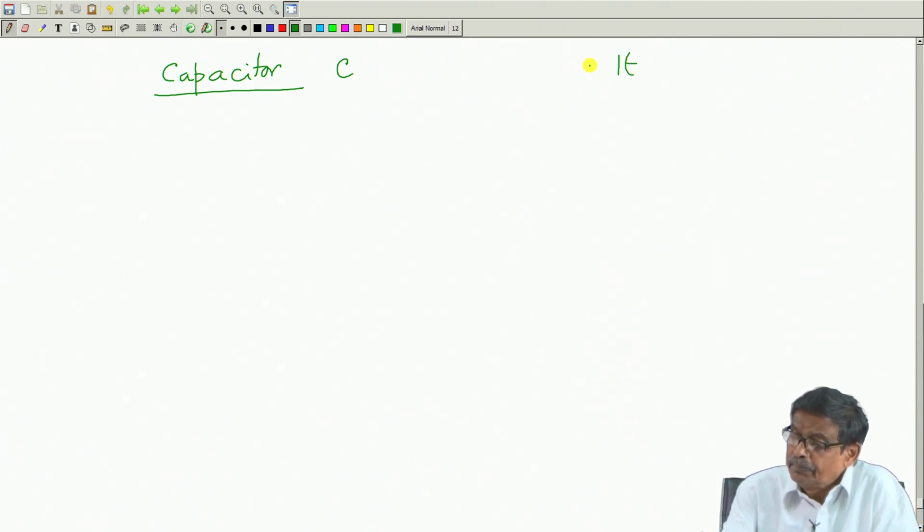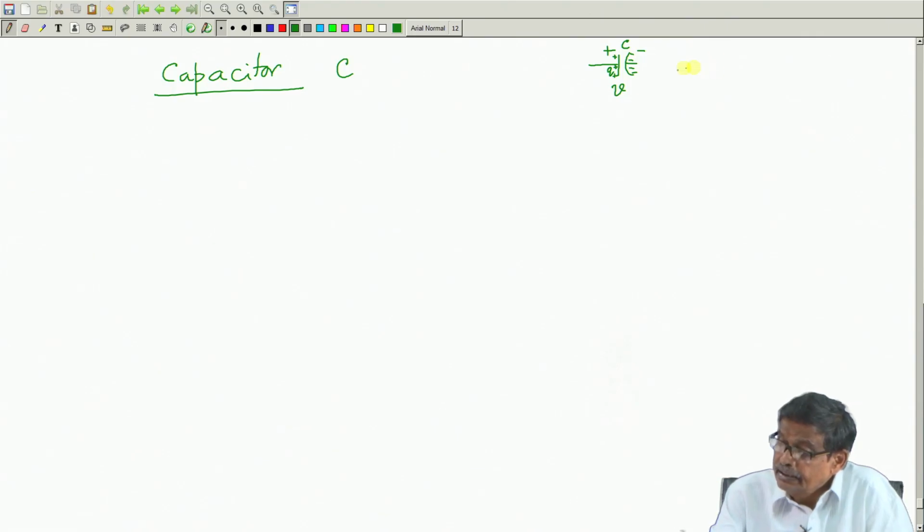voltage across the plate of a capacitor, if you denote it by V with this plus and this minus, and this capacitance value is C. If charge on the plate of the capacitor is Q, plus one plate will be plus, other plate will be minus, then with this polarity marking V is equal to Q by C, is not?